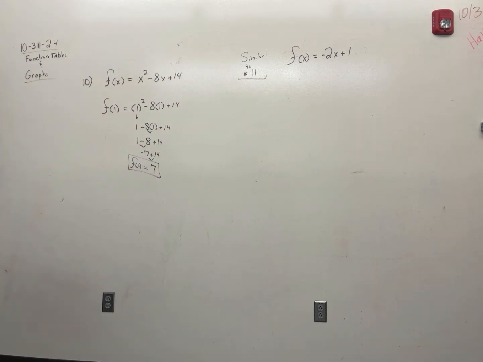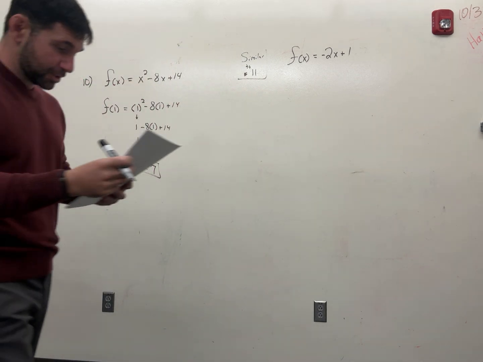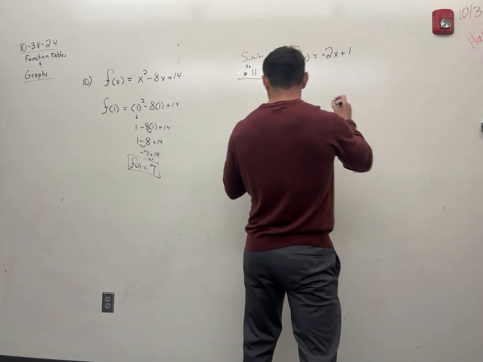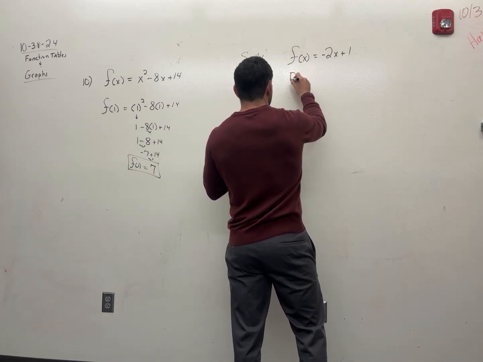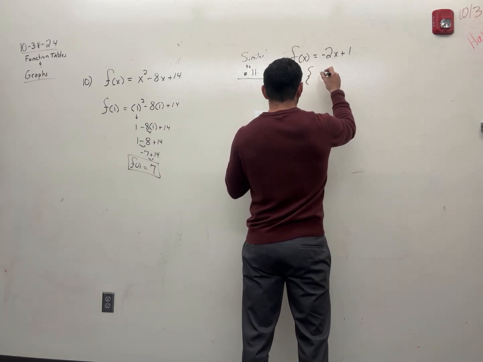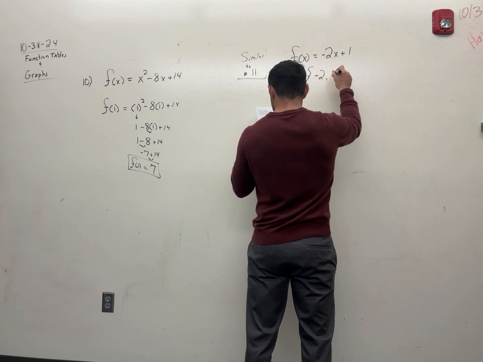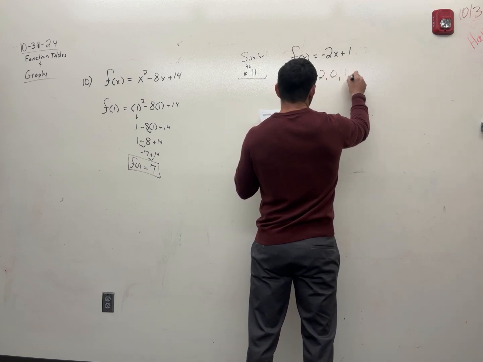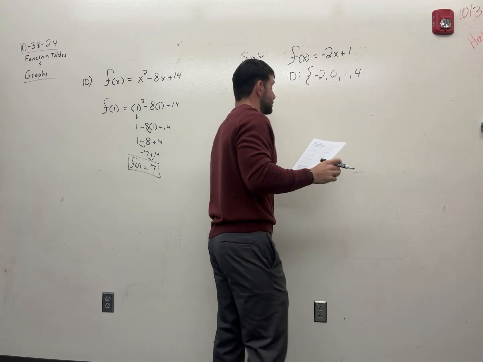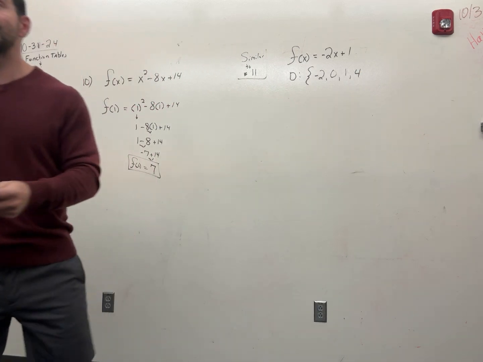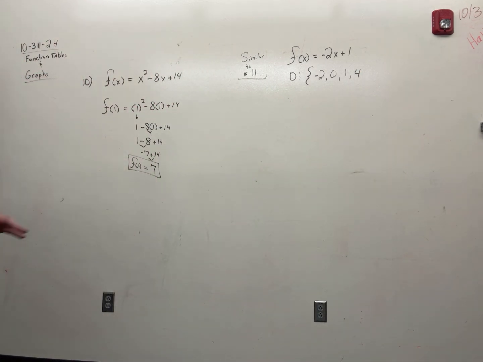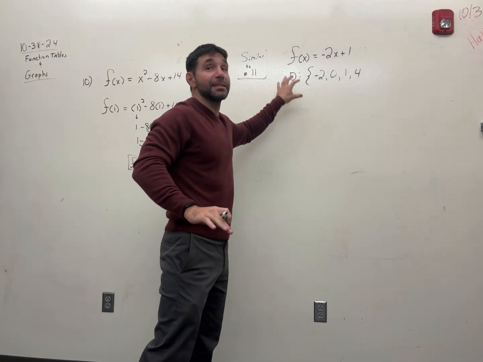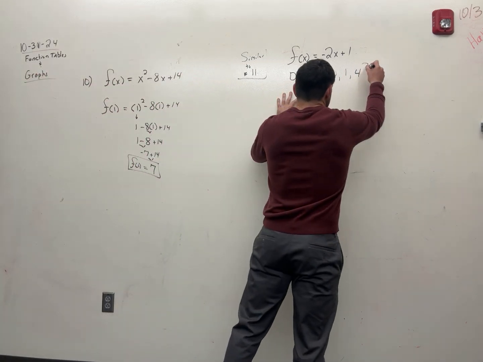And it says graph each function for the given domain. And then I'm going to do my negative 2, 0, 1, 4. This is not number 11. Okay. This is similar to it.